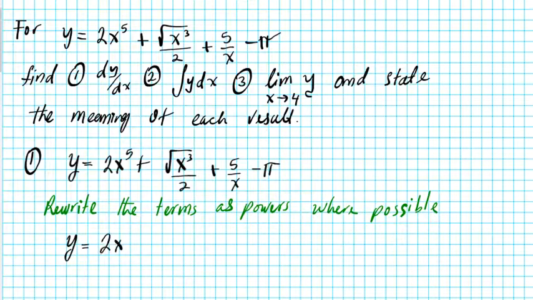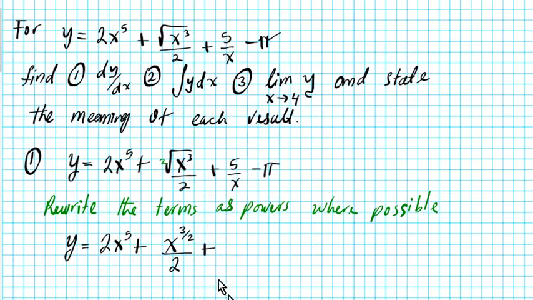This is already in the power format. Now the square root of x to the third can be written as a rational exponent. There is an invisible 2 here, so this can be written as x to the power: the power becomes the numerator and the root becomes the denominator of your rational exponent, so 3 divided by 2.